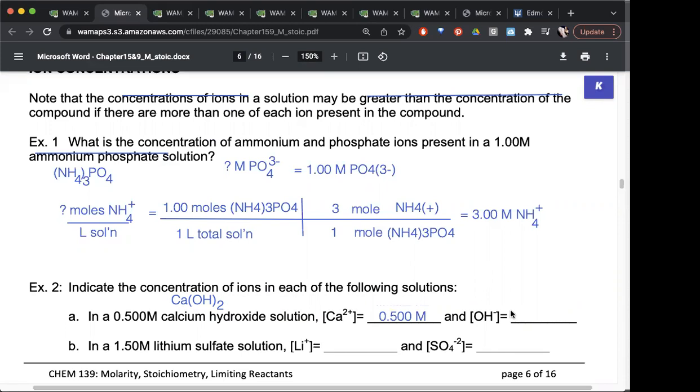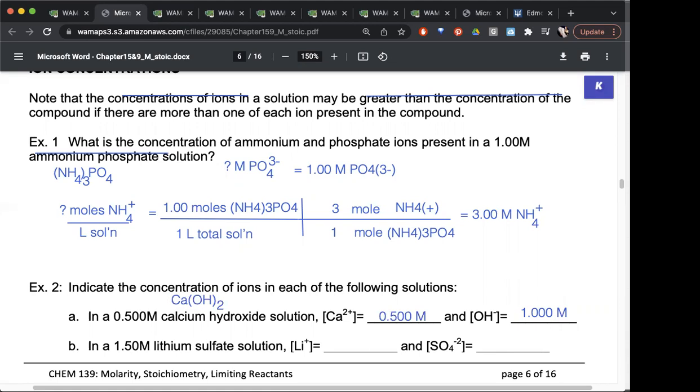And then the hydroxide is double that, 1.000. We're not too worried about the sig figs here. So the square brackets indicate molarity. That implies that your units are going to be molarity.